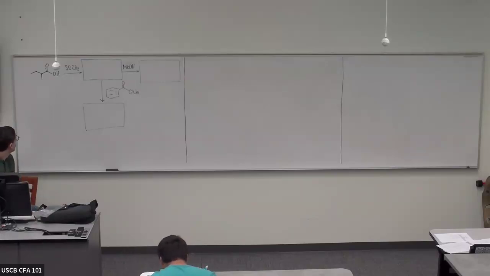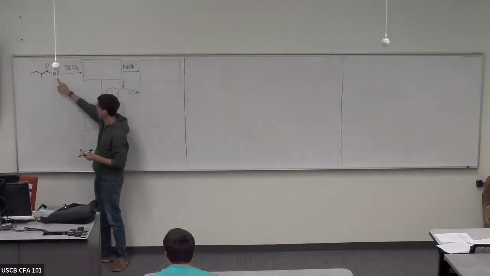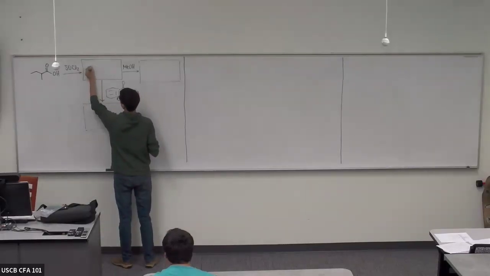Okay, so SOCl2 is thionyl chloride. What sort of functional group does that make? Yep. Well, the only functional group that we have that can react is the carboxylic acid, so the rest of the molecule can stay the same.